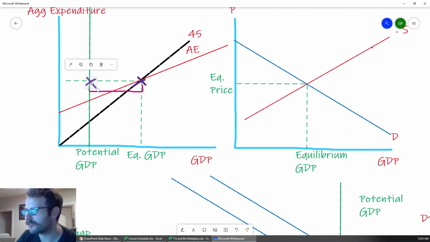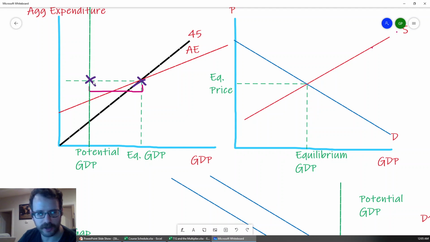This purple X doesn't have to be here, it doesn't have to be here. It's just horizontally aligned with the other purple X because that's where the equilibrium is. There's no real significance to what the purple Xs mean. They're just demarcating the beginning and ends of, well, this purple X is the equilibrium for the demand side for a particular price level.